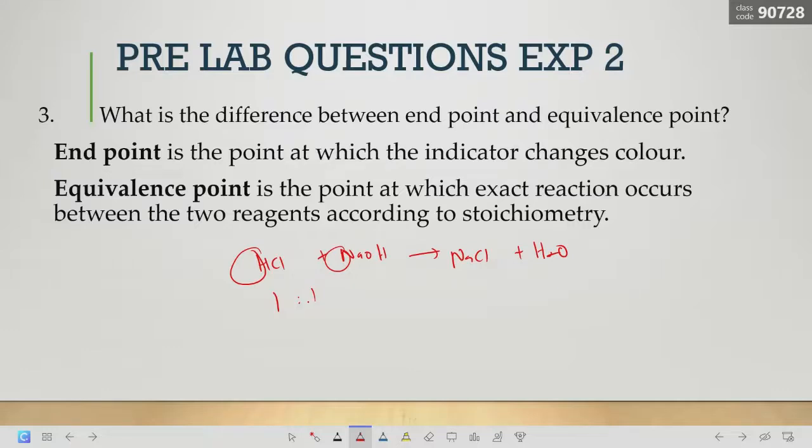When this occurs exactly according to the stoichiometry, we call this the equivalence point, which means that the number of moles of OH minus equals the number of moles of H plus. So in this case we call it the equivalence point. It depends on the equation that we use, or the kind of strong acid or strong base, or weak acid or weak base.